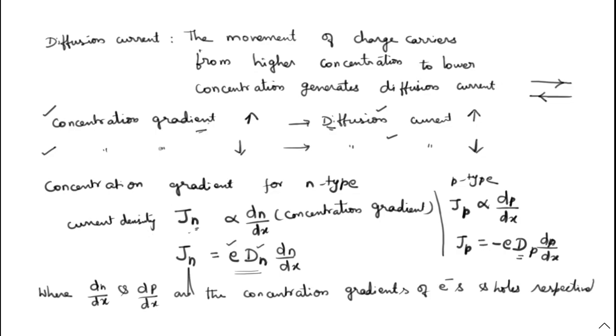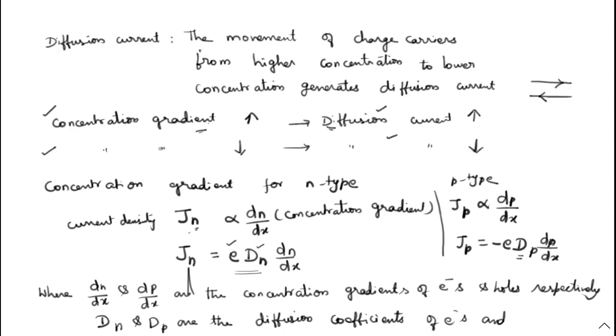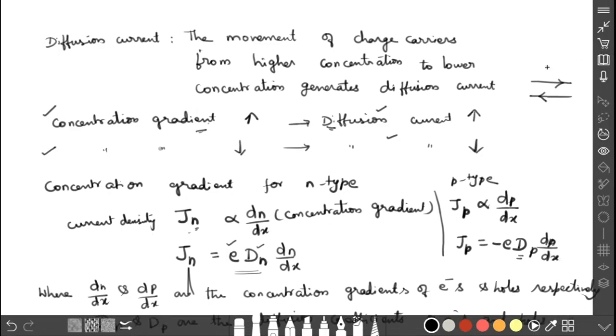Next, Dn and Dp are the diffusion coefficients of electrons and holes respectively, right? So now I have to combine both, due to electrons and holes, to get the overall diffusion current.